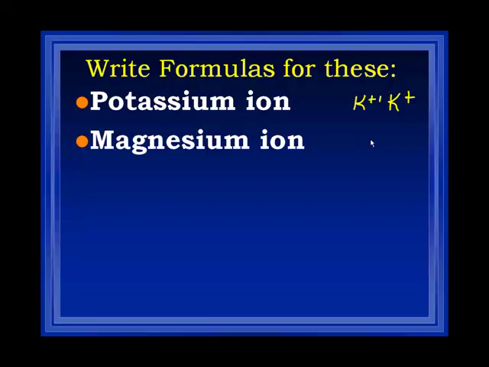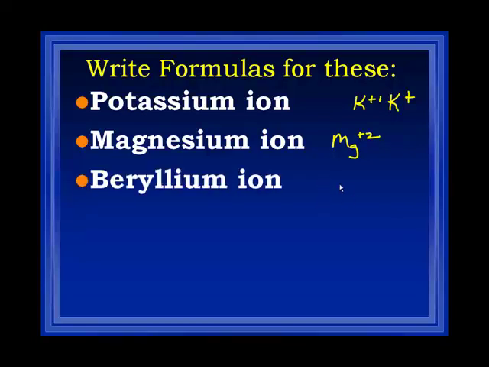Find Mg on the periodic table. Find its charge. +2. Beryllium ion. Okay, beryllium is also in group 2A. Barium ion.